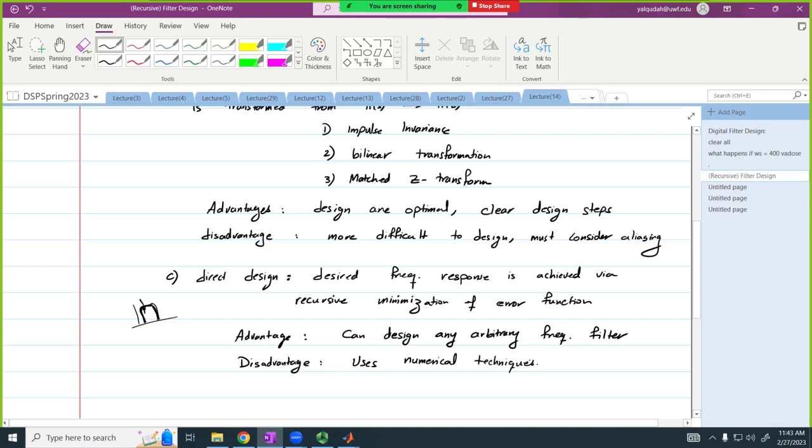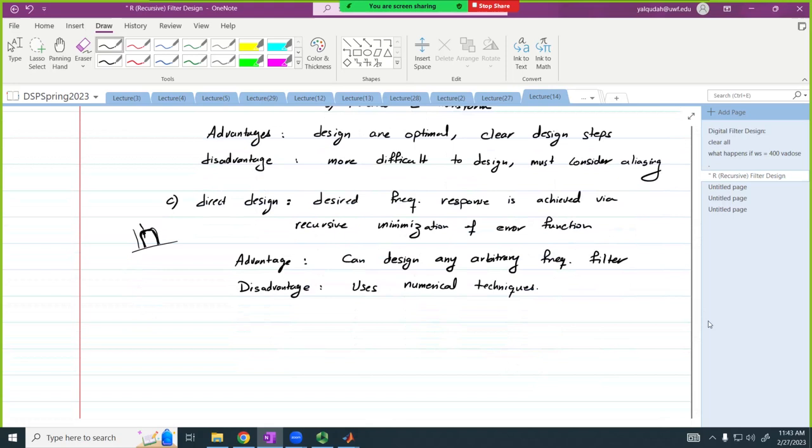It won't be optimal, right? It might; it depends on the cost function. So you can try to achieve any shape you want, and there is a cost function between what you're achieving and the filter you want. And you keep tuning it till you eventually achieve whatever desired frequency response you're trying to achieve.